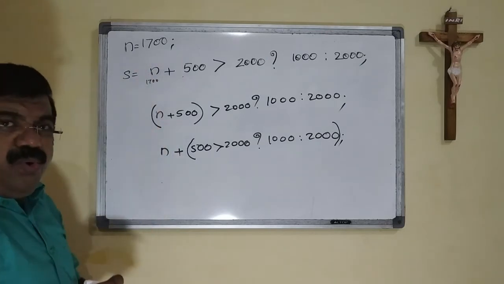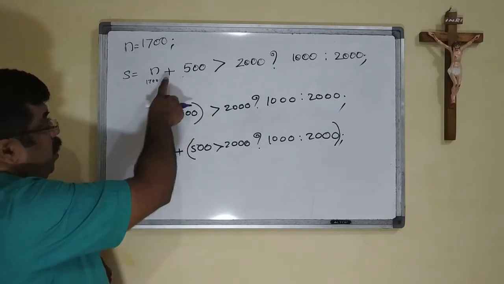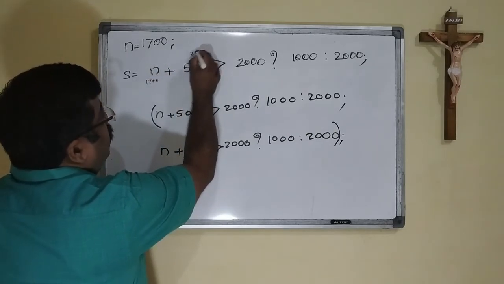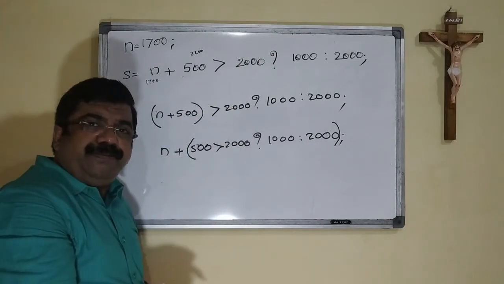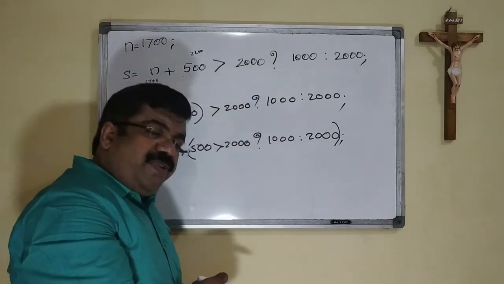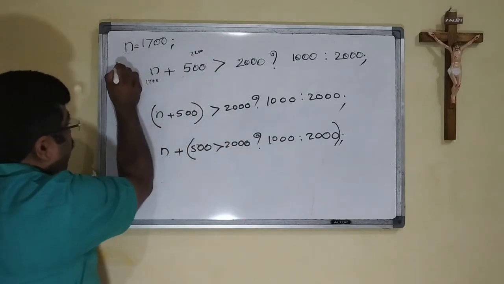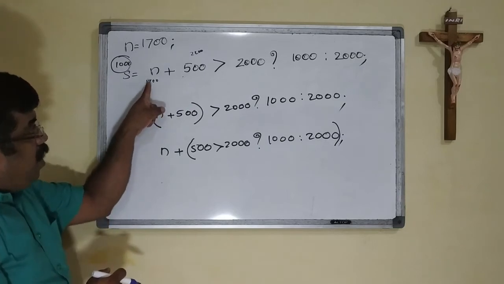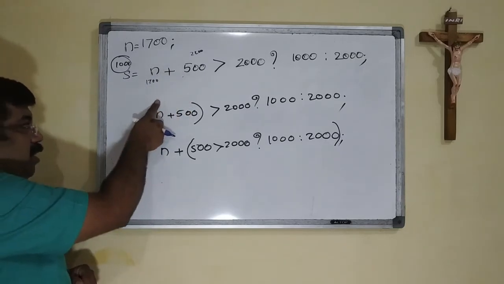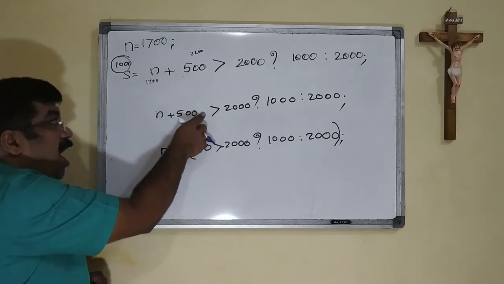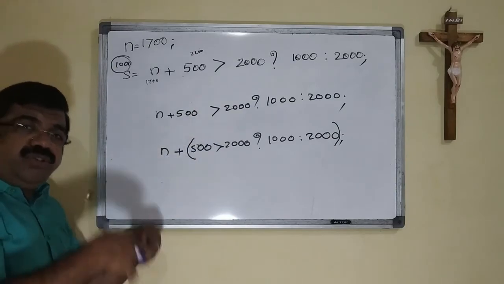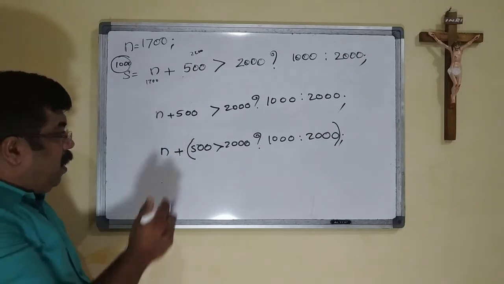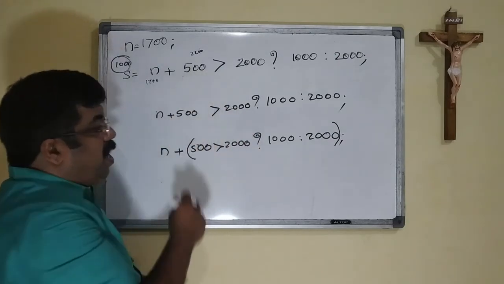Alright, let us see the value difference between these two. N plus 500, 2200, greater than 2000. Yes, definitely. So the 1000 is the value in first expression when no brackets are provided. That means these brackets are understood because of having higher precedence. Okay, now we are giving another value. 500 greater than 2000.